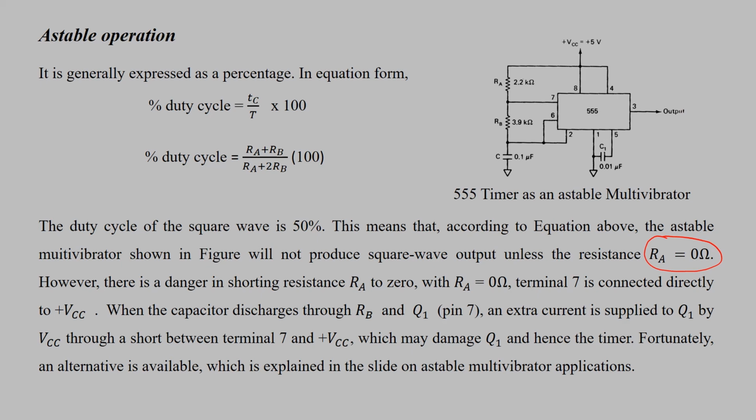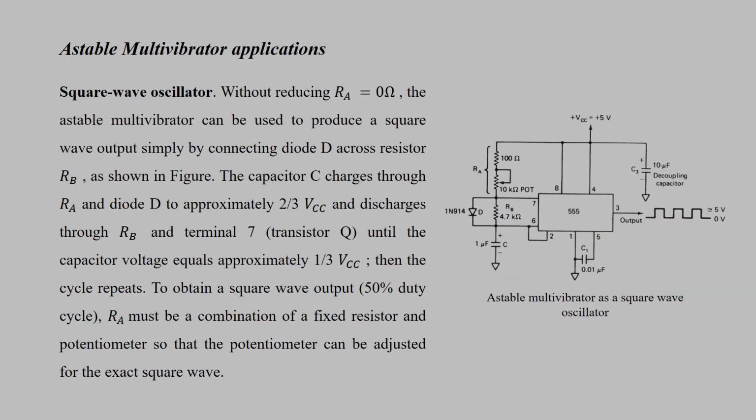Now we will talk of astable multivibrator applications. The first one is the square wave oscillator. Without reducing Ra to 0 ohm, the astable multivibrator can be used to produce a square wave simply by connecting a diode D across the resistor Rb.